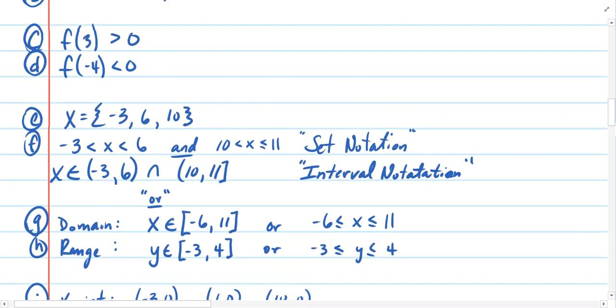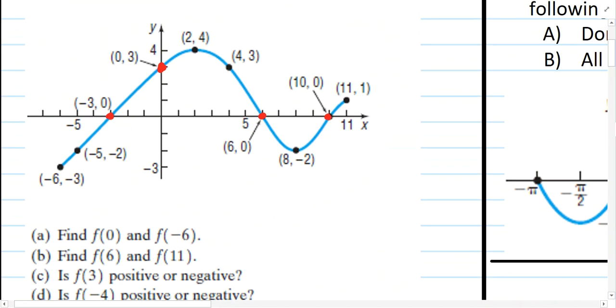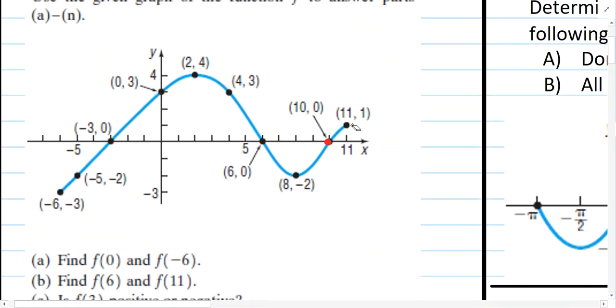For questions K and L, we're being asked about the intersection of existing lines. Let's remind ourselves that the equation y = 1/2 represents a horizontal line through the y value of 1/2. So this line here would be a pretty good representation of y = 1/2.